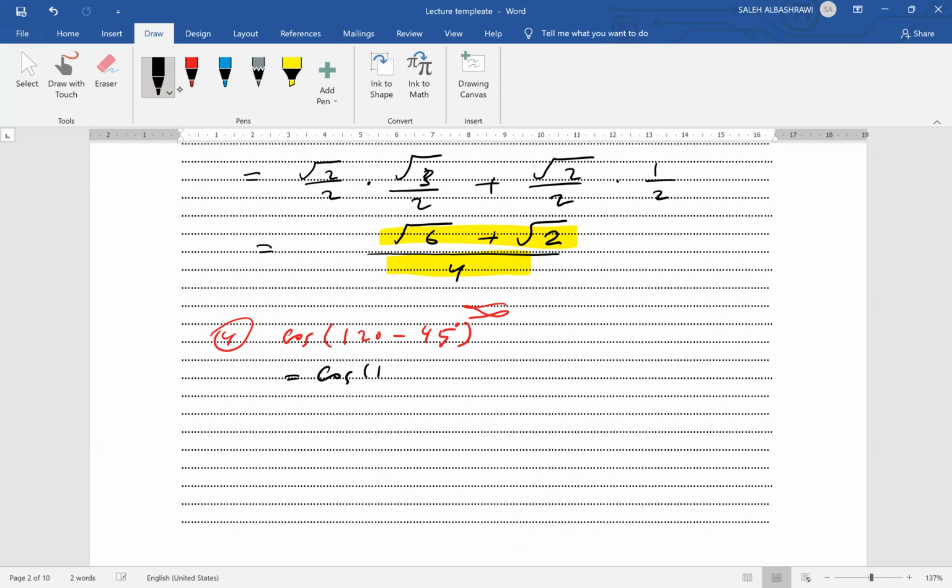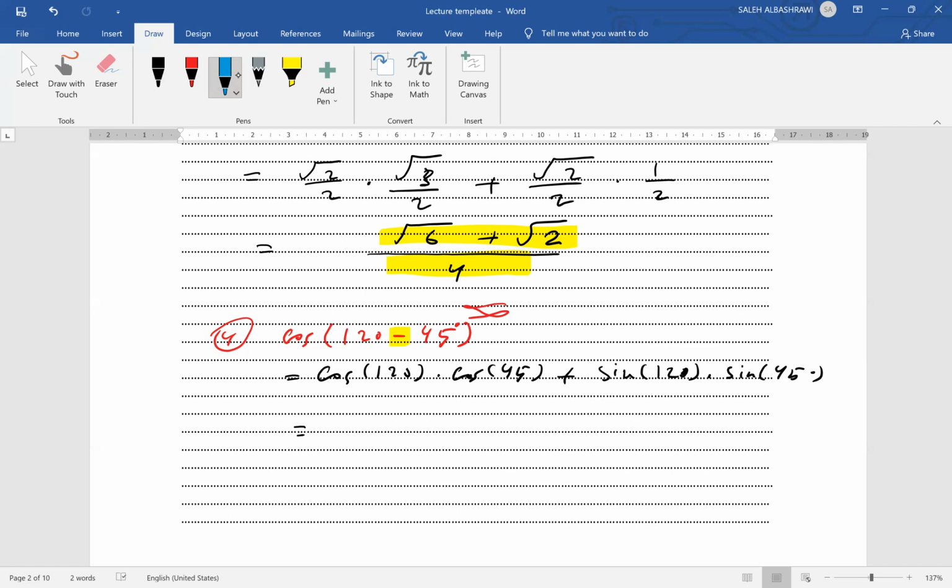So it is cosine of 120 multiplied by cosine 45 plus, again, for cosine, the difference between two angles will give me addition, plus sine 120 multiplied by sine 45.